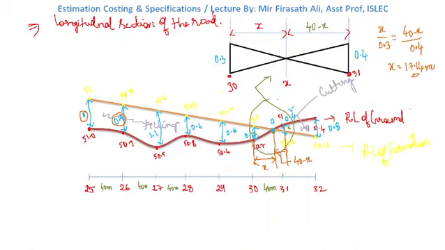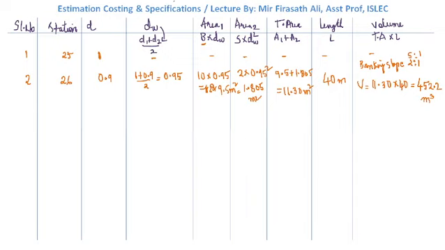This will be the same till which station? Till the 30th station. At the 30th station also we do the same thing, we are filling. Next station is 27, next 28, 29 and 30. Serial number 3, 4, 5, 6.